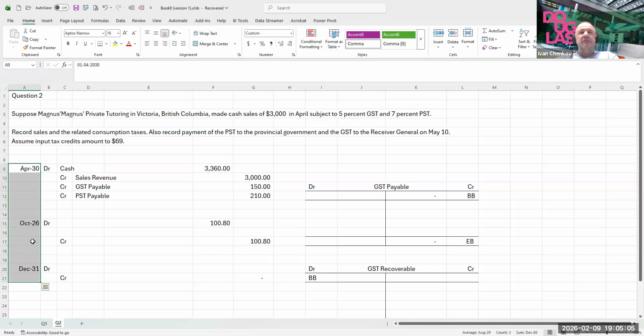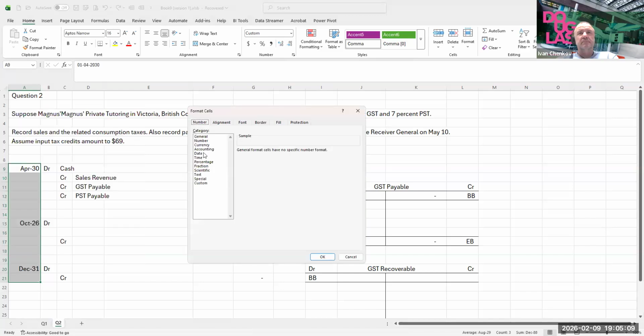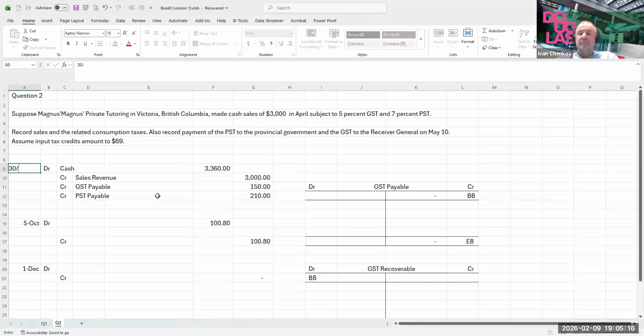Yeah, I have to change the format of the date. Let me change that one. And that will be 10/05, May 10.